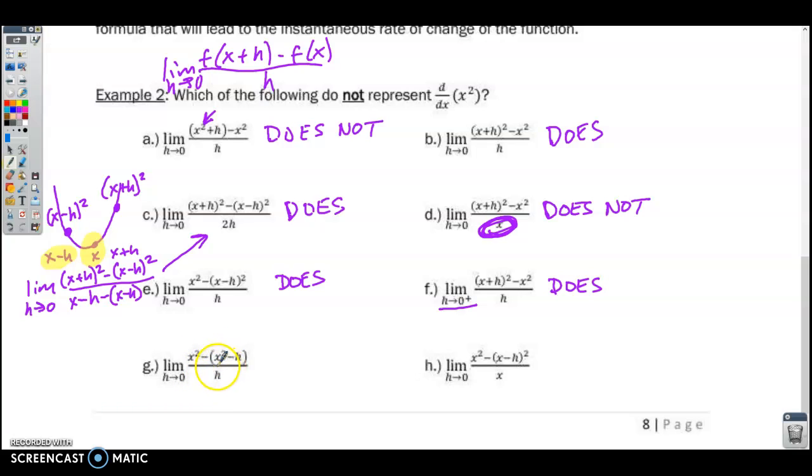This, again, looks like it's trying to use the points where our x coordinates are x and x minus h, but instead of substituting x minus h into the function, it just subtracts the h outside. And the last one, the denominator is a problem, so that one does not.